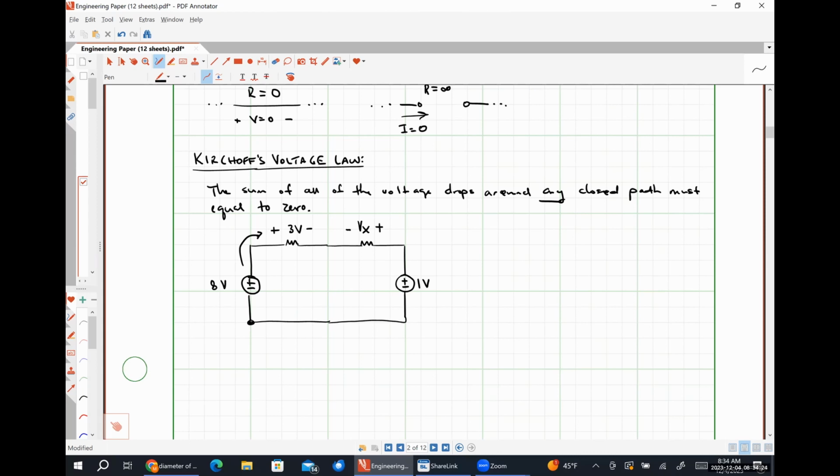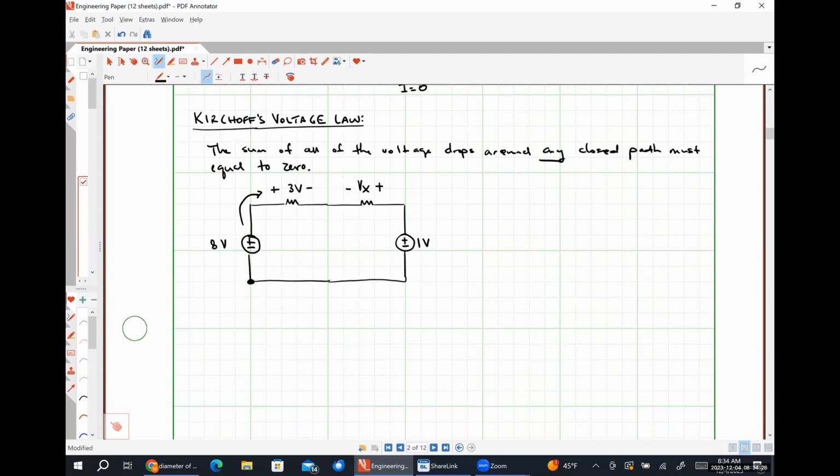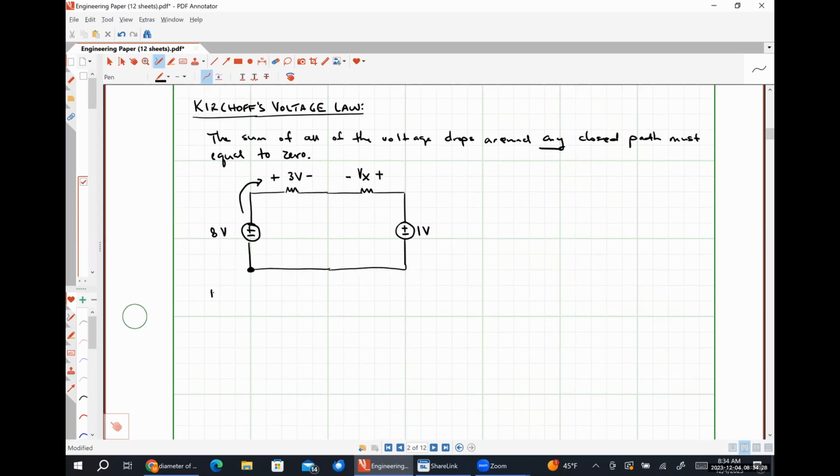So my Kirchhoff's voltage law equation for this simple circuit would look like, let me write this down, negative 8 volts, and it's negative 8 because I see the negative sign first, starting from the bottom left-hand corner. Then I see the positive polarity terminal of that 3-volt drop, so plus 3 volts.